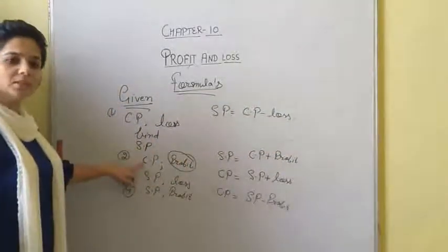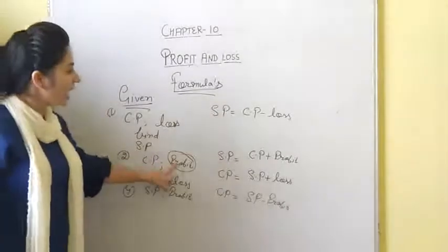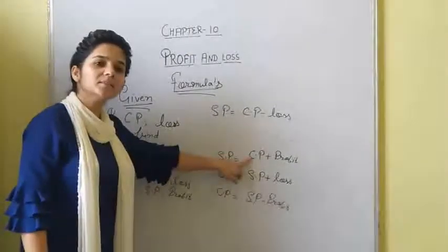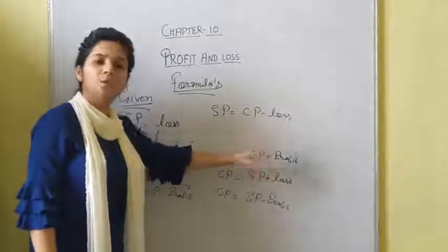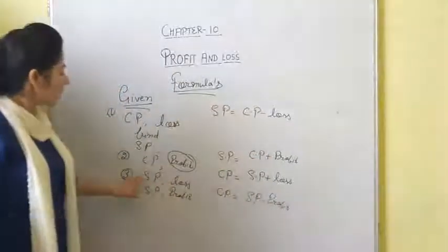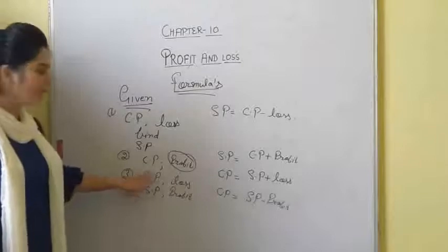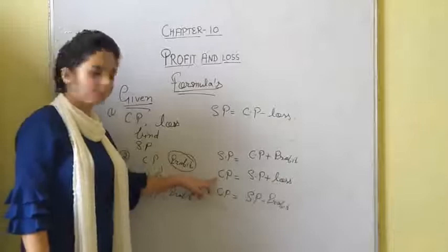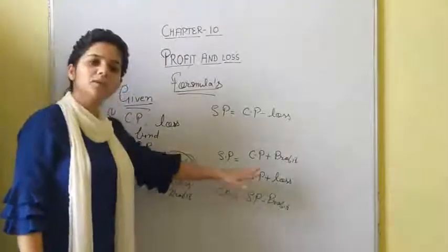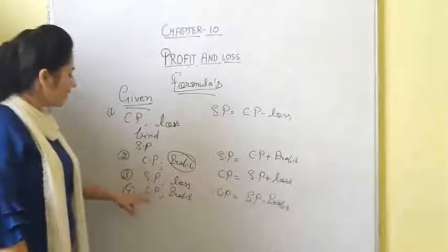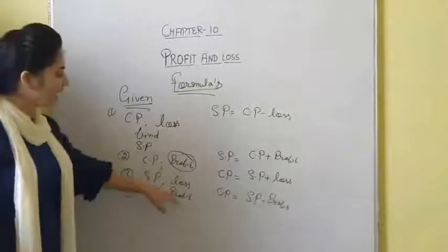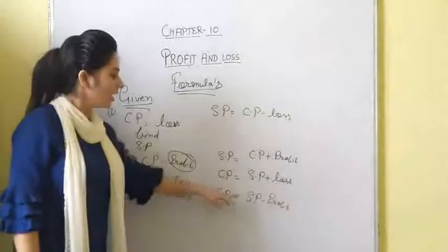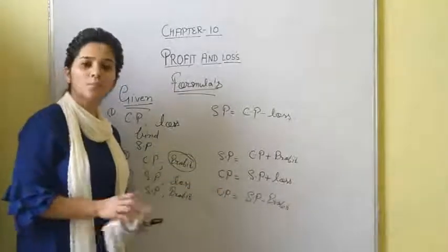When we have CP and profit and we have to find out SP, the formula is CP plus profit. When we have SP and loss, then formula of the CP is SP plus loss. When we have SP and profit, then formula of the CP is SP minus profit.